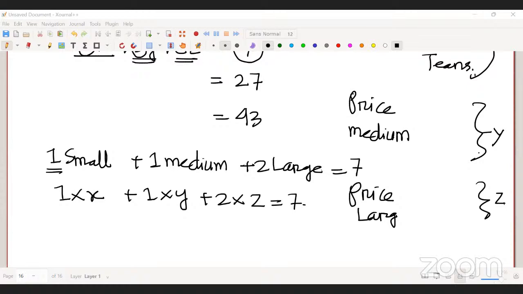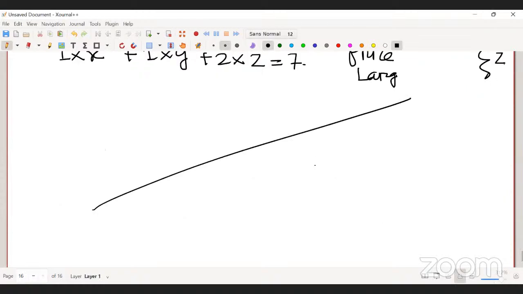Yes. So if two planes intersect, then they will have a common point, right? If two lines intersect, that means there will be a common point.